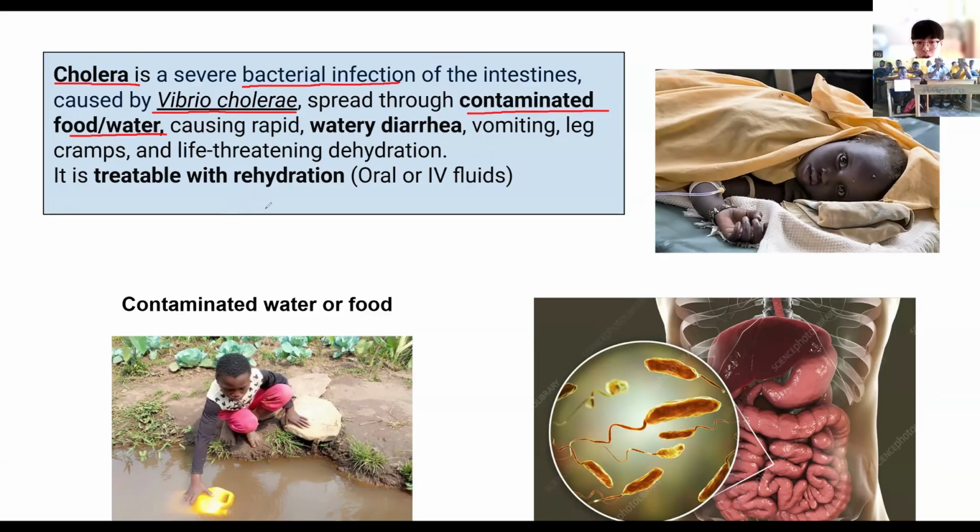And if you get cholera, you get symptoms like watery diarrhea, vomiting, leg cramps, and very serious dehydration. So your body really gives out a lot of water by watery diarrhea and vomiting. So you need a lot of water to survive. And it is treatable with rehydration by either drinking or by IV fluids connected to your veins.